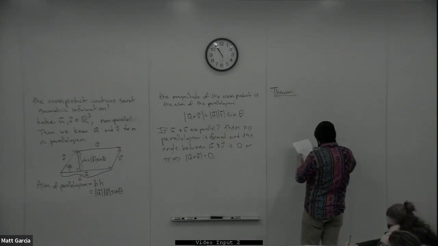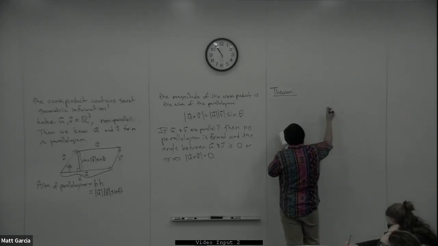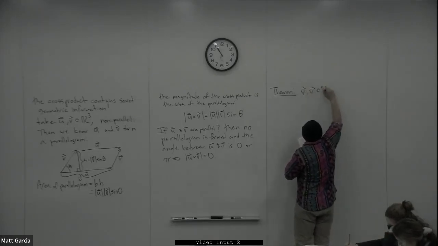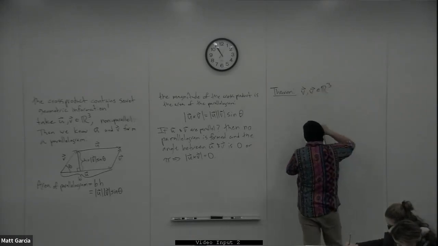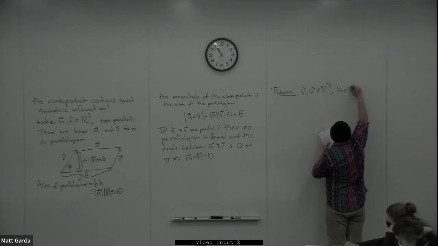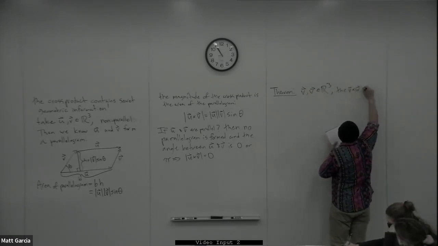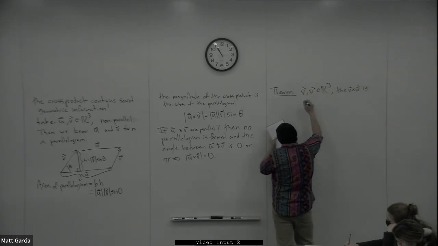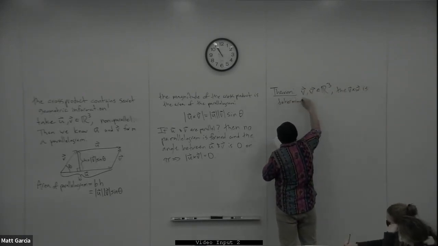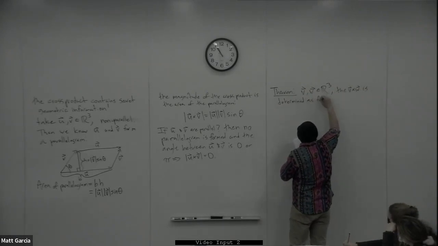Okay, so v and w in R3. Then v cross w is determined as follows.